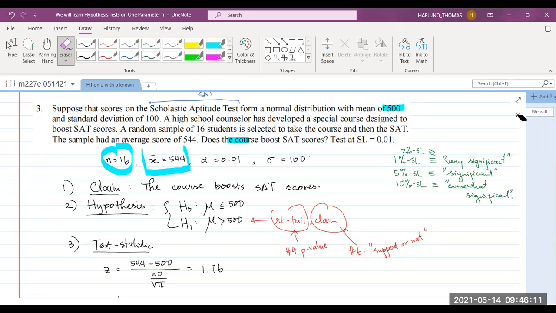Because the reason in this situation we reject the claim, we don't support the claim, is because the significance level is too small. If I had used 5% here, then you would support that, right? So you see the issue at hand here is the significance level. In other words, the bias may come from the person who decides 1% instead of 5%. You see what I'm trying to say?